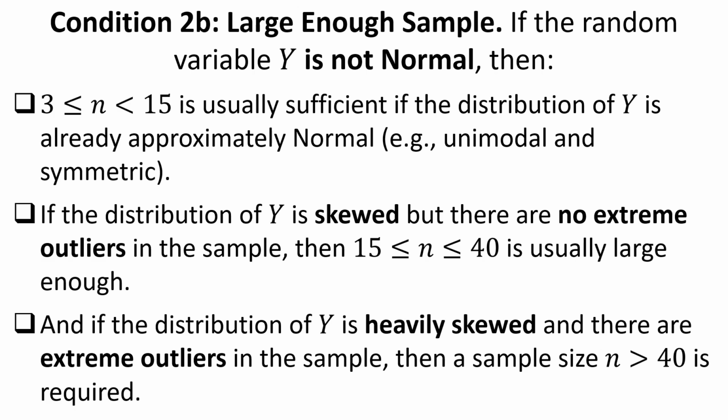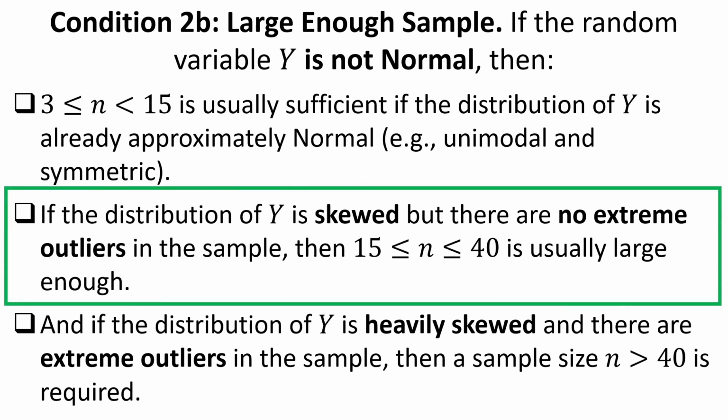And our sample size condition depends on how normal or how unnormal the distribution for individual measurements is. And so the one we're using here is the one in the middle. We have a sample size of 25, and so at the worst, the distribution for individual measurements would be skewed, but with no extreme outliers.